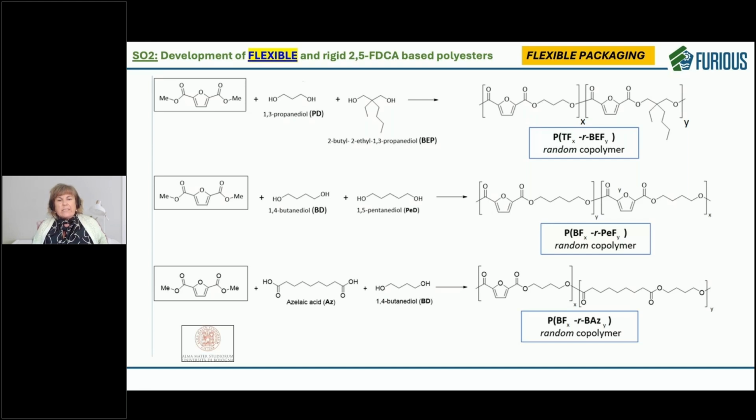In the second case, we use two different linear glycols with a different number of methylene groups. In the third case, on the bottom, we use the acid containing a higher number of methylene groups in the molecule. In all these three cases, we were able to obtain flexible materials.